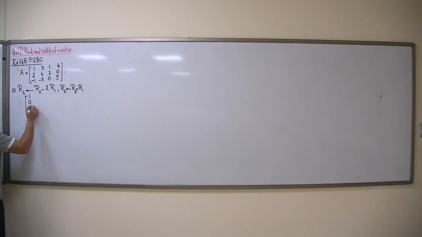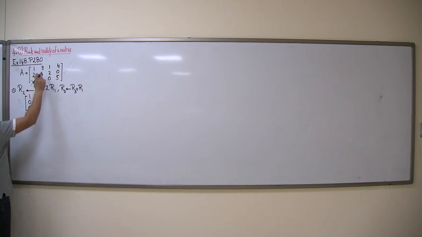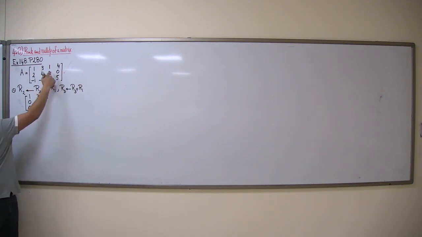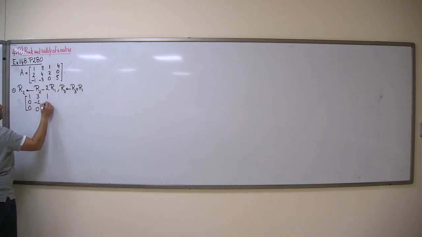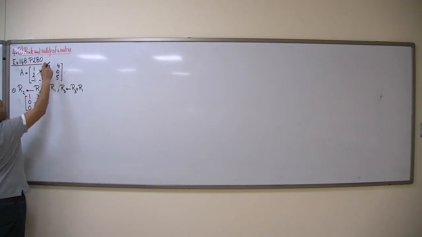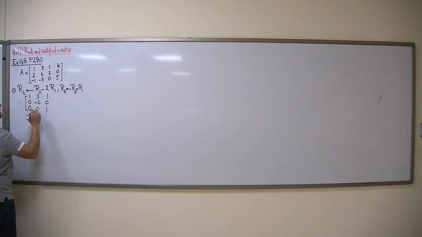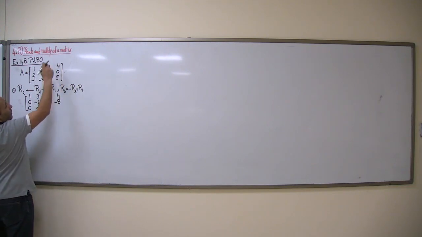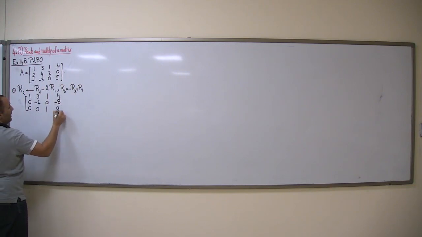So 0, here I have 3, 4 minus 6 minus 2, minus 3 plus 3 is 0, I have 1, 2 minus 2 is 0, and 0 plus 1 is 1, and then I have 4, and here minus 8, and 5 plus 4, it's 9.